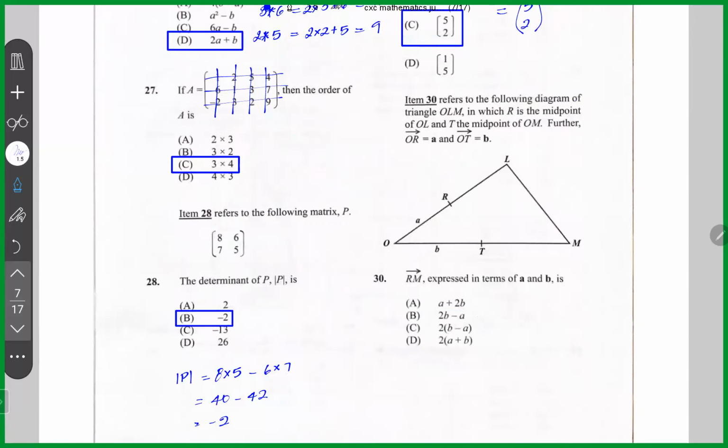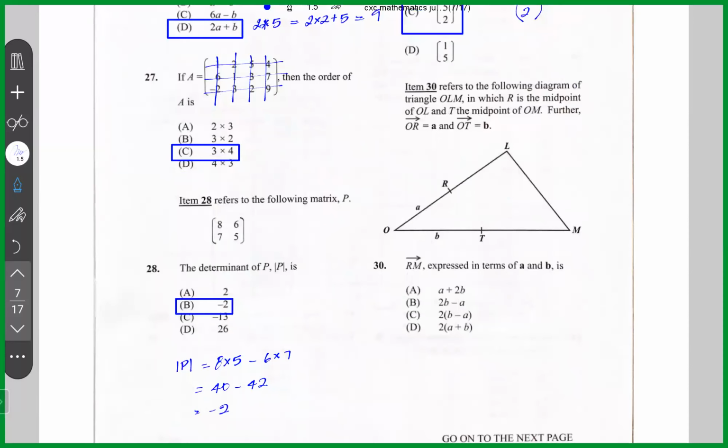Item 30 refers to the following diagram of triangle OLM, in which R is the midpoint of OL and T is the midpoint of OM.